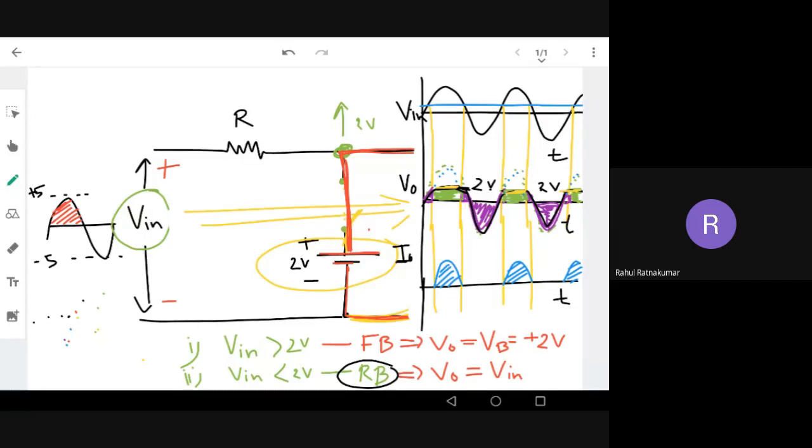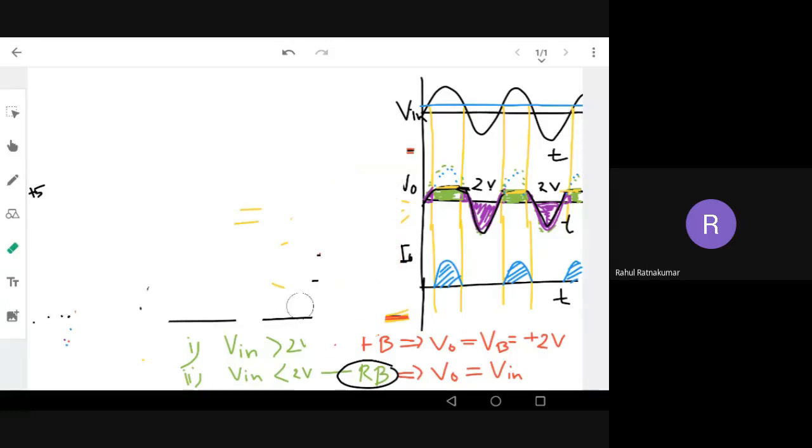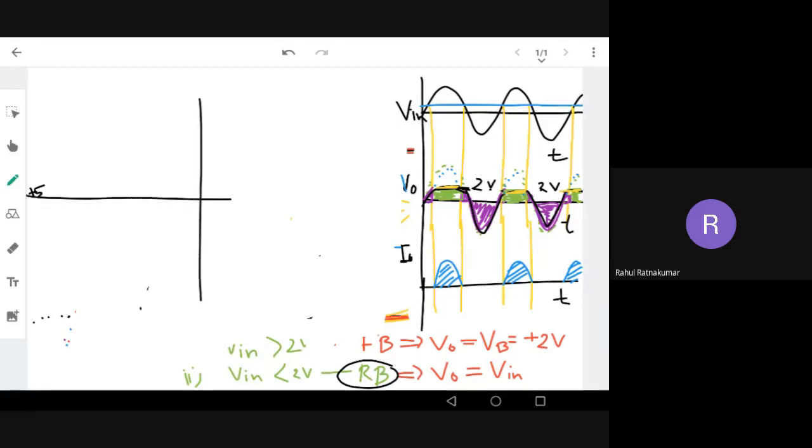Now from this waveform, we can draw the V out versus V in, as well as I out versus I in. Let's draw V out versus V in first. So this is your graph. This is V out, and this is V in.